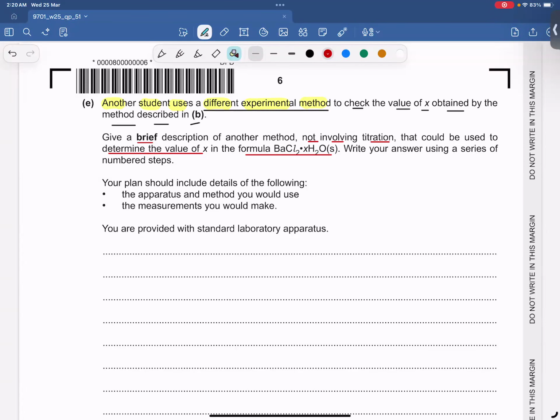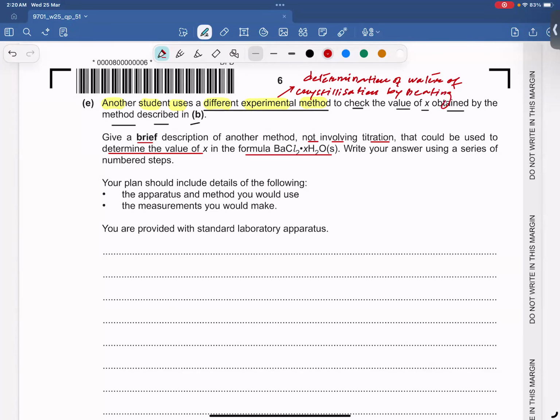So different experimental method could be determination of water of crystallization by heating to constant mass.